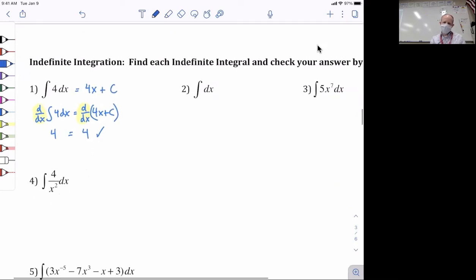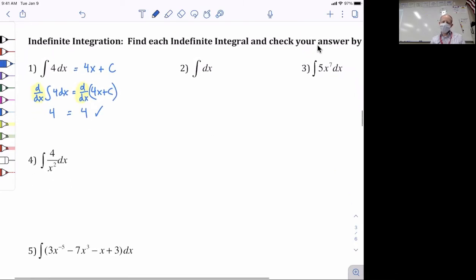Now, number 2 can be a little bit tricky, because all I see is an antiderivative symbol, an integral sign, and then dx. So what, in this case, is the integrand? Well, if you just have nothing in there, you don't have nothing. You actually have a 1 in there. So this would be like 1 dx. So it gets a little confusing, but if that is a 1, then we know that this would have to be 1x plus c.